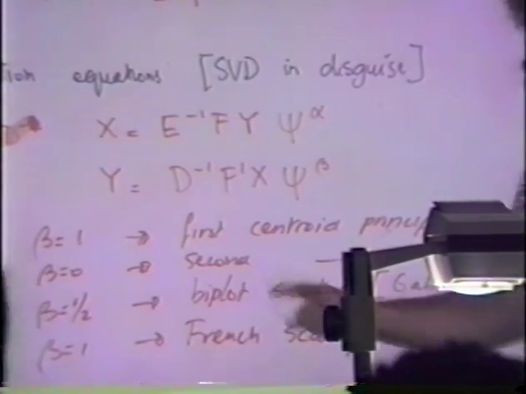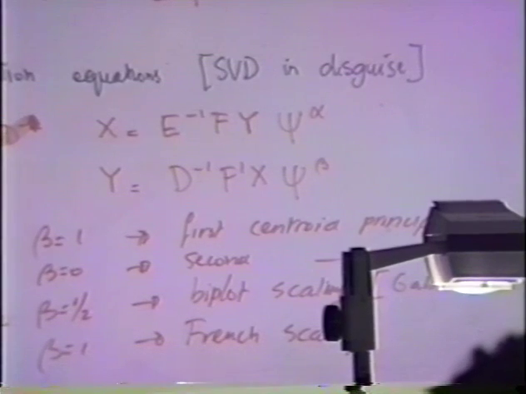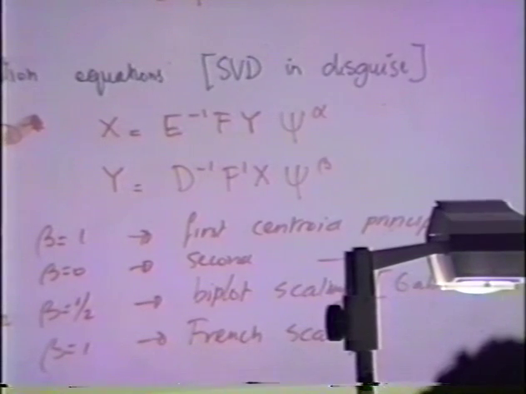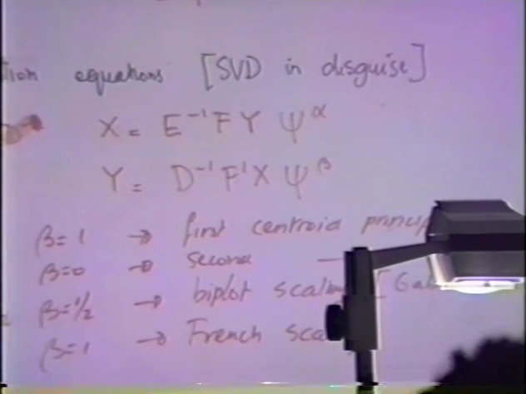The other way around, you have the second centroid principle. If you distribute it equally over both equations, you have alpha equal to 1/2 and beta equal to 1/2, then you have the biplot scaling, which is similar to what Gabriel would probably do in this context. Now, if you have the biplot scaling, you have none of the two centroid principles. This is important to remember.